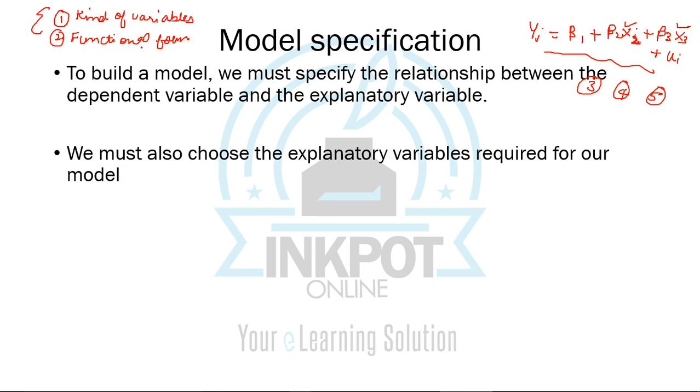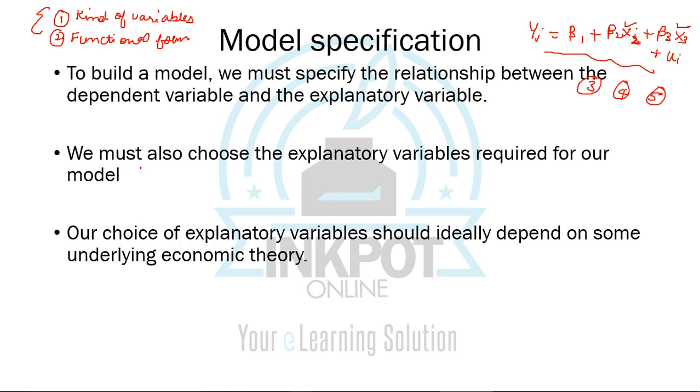Now we must also choose the explanatory variables for our model, and our choice of explanatory variables should ideally depend on some kind of underlying theory. Most of the econometric research that takes place tries to validate a particular theory.